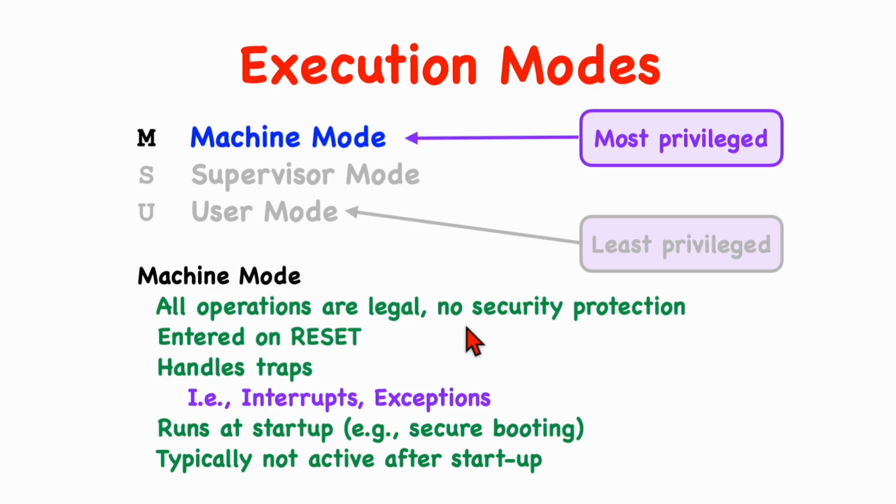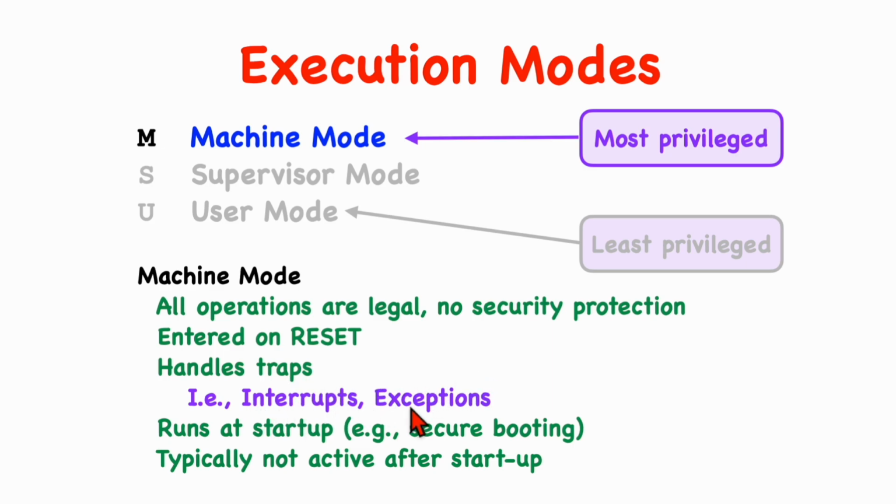Machine mode is entered on power up and when the reset line is pulsed. And for cores that only implement machine mode, of course, we would remain in machine mode throughout execution. But for more complex cores, where we have supervisor and user mode implemented as well, I think the best way to think about it is that code running in machine mode handles traps and is responsible for startup initialization.